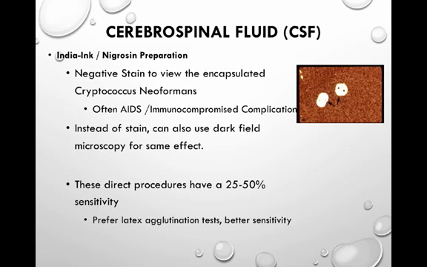The same effect can be achieved by using dark field microscopy instead of the negative India ink or nigrosin stain. Because these direct procedures only have a 25 to 50% sensitivity, latex agglutination tests are performed nowadays and are more sensitive.